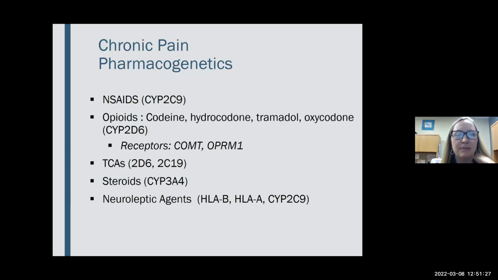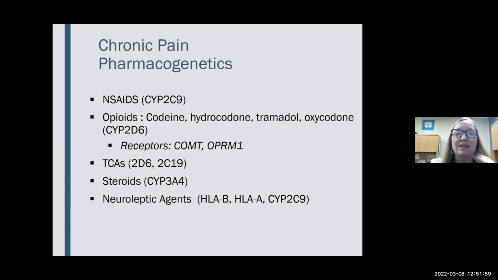I think I was talking to somebody earlier today about NSAIDs. A lot of our common medications we use for pain have pharmacogenetic implications. Tricyclic antidepressants are probably one of the most common medicines that we hear about patients not tolerating, right? Well, you see the two enzymes that metabolize tricyclics and the variants in our patient populations, not to mention that the medicine class itself already has high rates of adverse reactions.